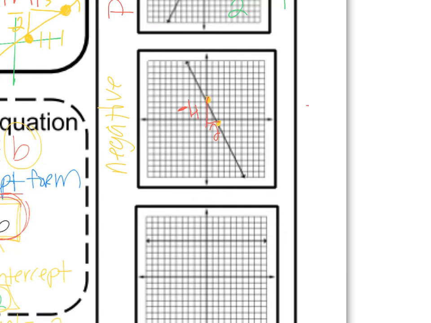So my slope on this one is negative 4 over 2, which is the same thing as negative 2. If I wanted to write the equation to this line, I know I have y equals mx plus b. This letter m right here is my slope, so I have negative 2, and my y-intercept is up here at 3. So now this is the same line, it's just negative, so it's negative 2x plus 3.